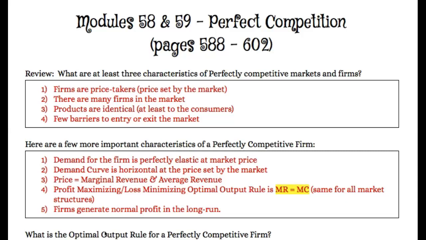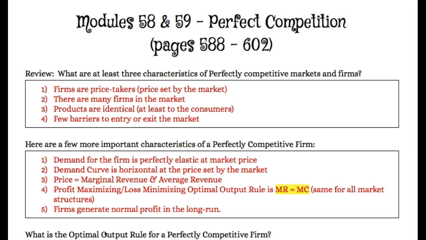There are lots of firms in the market, so many businesses, and the products that these businesses produce are pretty much identical, at least to the vast majority of consumers. So wheat is wheat is wheat, strawberries are strawberries are strawberries. Most consumers don't really care which farm they come from unless they're buying specifically from the farm.